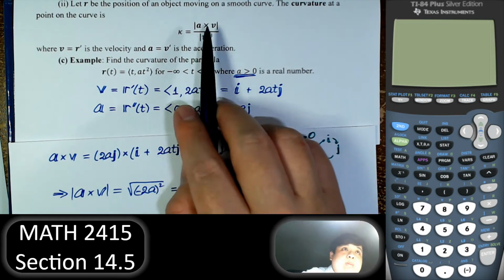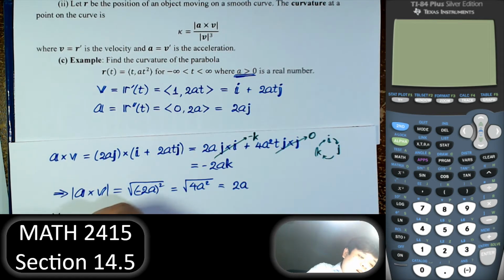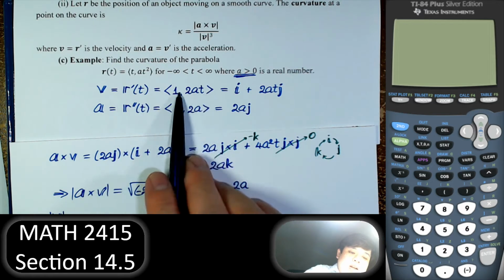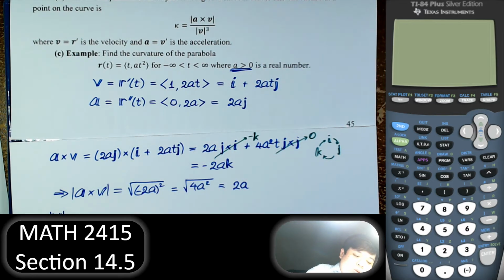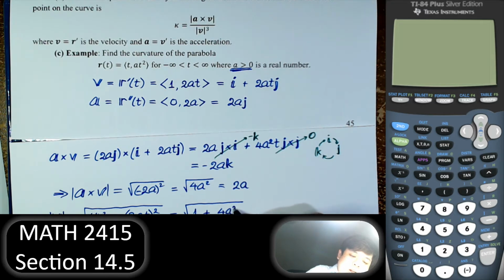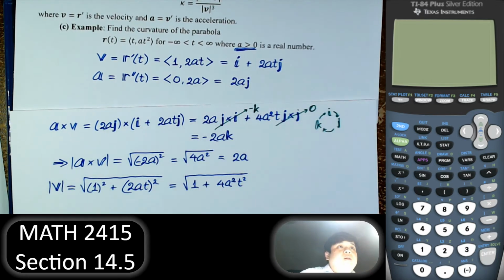Right, so we have the top. Now try to find the magnitude of v, the bottom. v is this vector, so we have the square root of 1 square plus 2at square. So it's 1 and then 4a square t square, right?